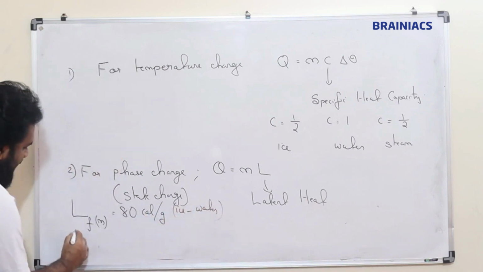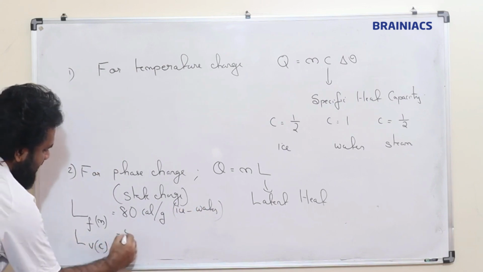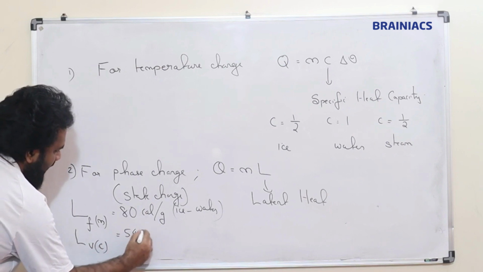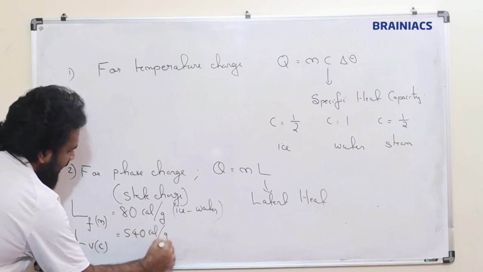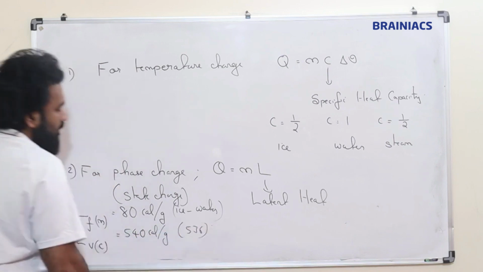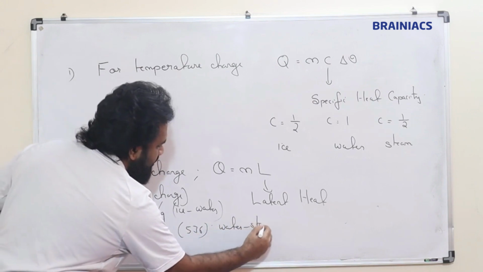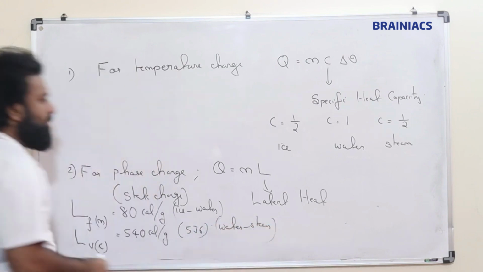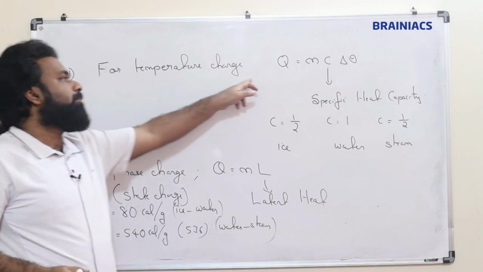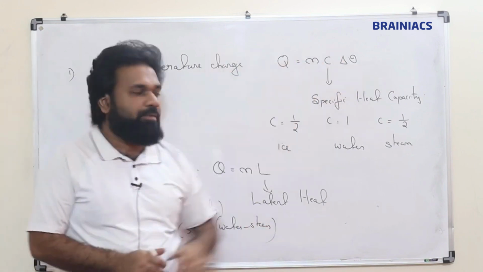Same way, latent heat of vaporization or condensation is 540 calorie per gram. Actually originally this is 536. This is for water and steam. When there is temperature change, the entire heat will be utilized for changing the temperature.